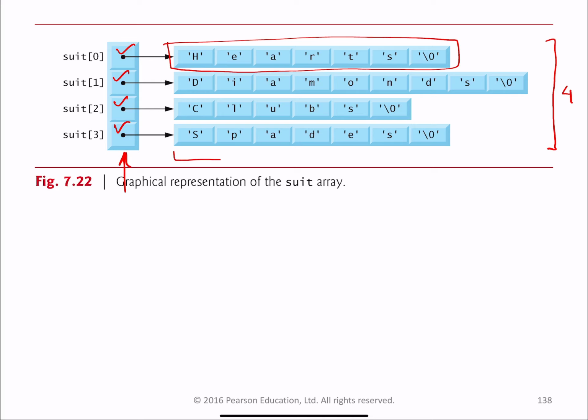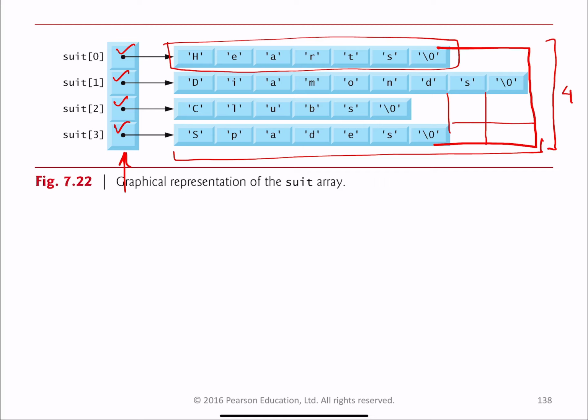But the number of columns would have to be equal to the length of the longest of these strings, meaning 9, which means 7 characters would be going to waste.